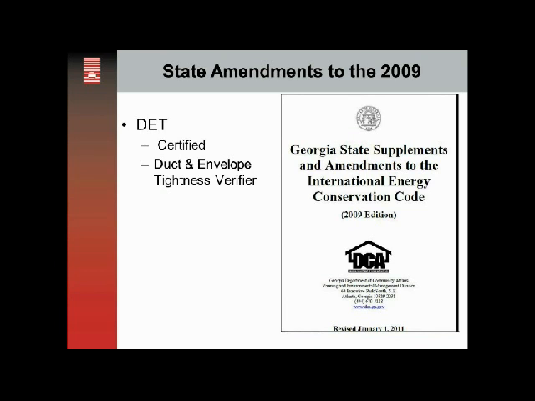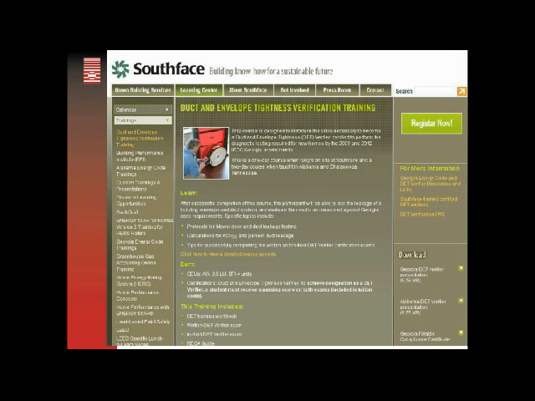It's called DET, Duct and Envelope Tightness Verifier. Again, they work with the folks at the South Face. All of this information about DET and some of the Georgia amendments are available online at the South Face website.